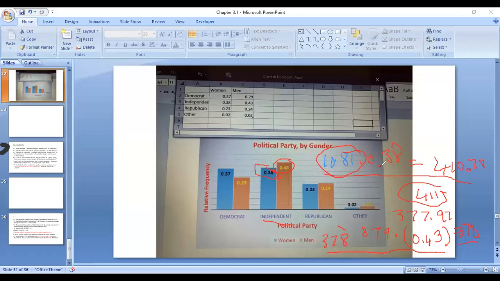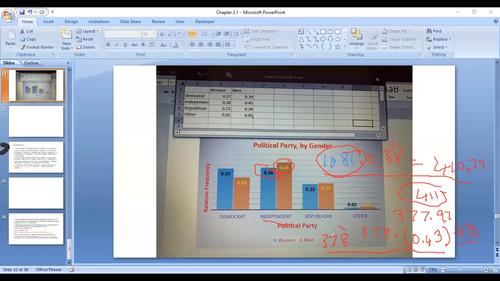But now you had a question to find the people, because we had 1,081 women in the survey, but the 0.38, and you multiply, you will get the 411 people.